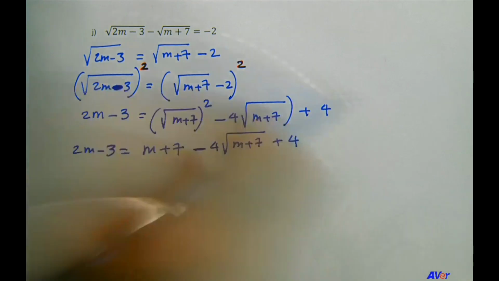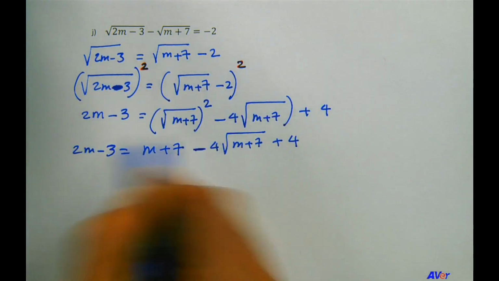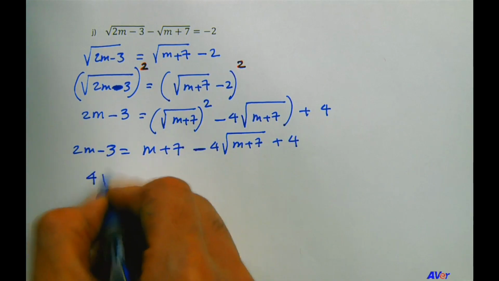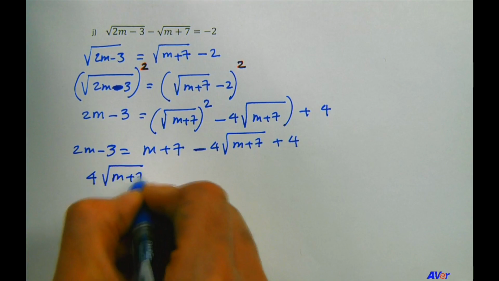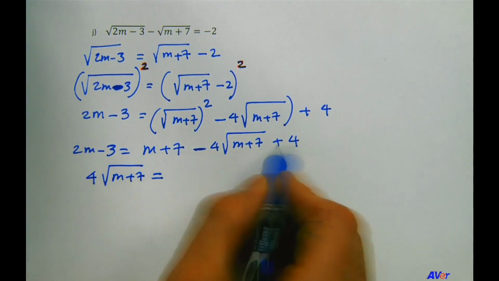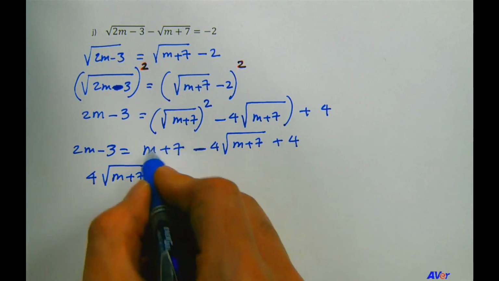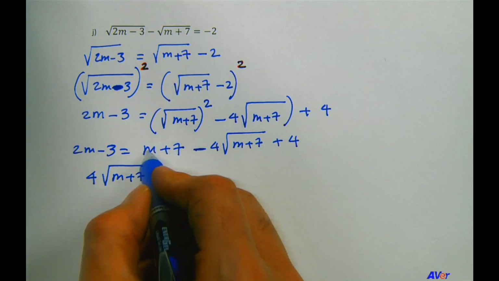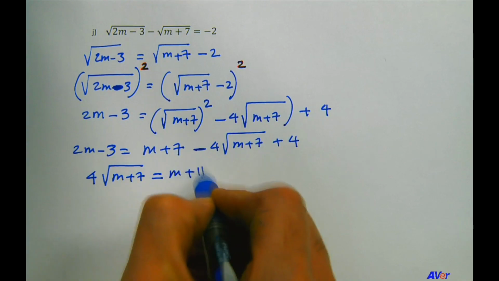So I'm going to move this whole radical expression to the left, which would make that positive. 4 times square root of m plus 7 equals, and I'm going to keep m plus 7 plus 4 on that side. By the way, m plus 7 plus 4 is m plus 11, right?